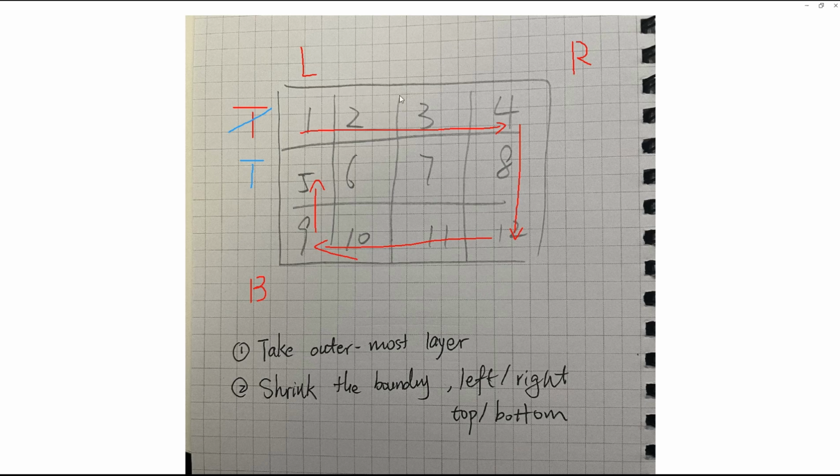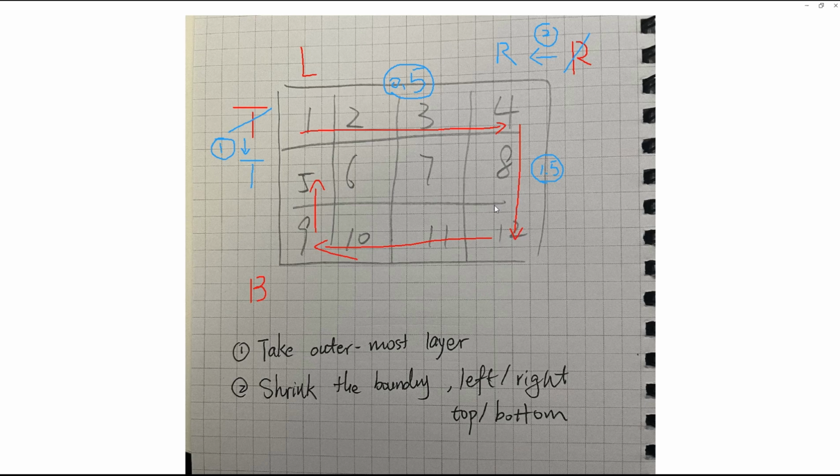As we first visit the first row, it will be number like 0.5, and we update the top boundary. It will be step 1, and we go down the right column. It can be number 1.5, and then we update the right boundary to -1. It should be the number 2.